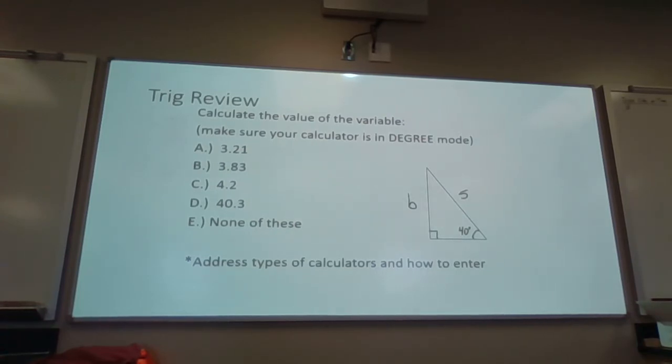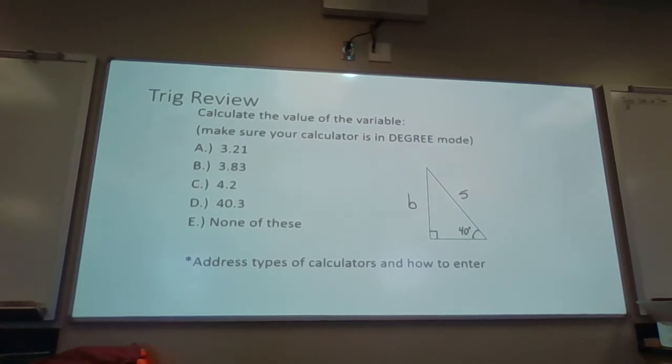In physics, we like degrees. Pre-calculus likes radians. So if you're in pre-cal, there's going to be a conflict of interest. You're always going to have to make sure, before you walk into this class and before you walk into pre-cal, that your calculator is set to the correct mode.